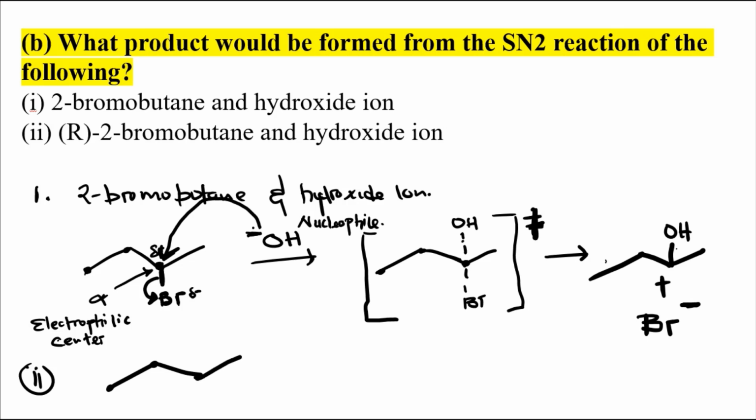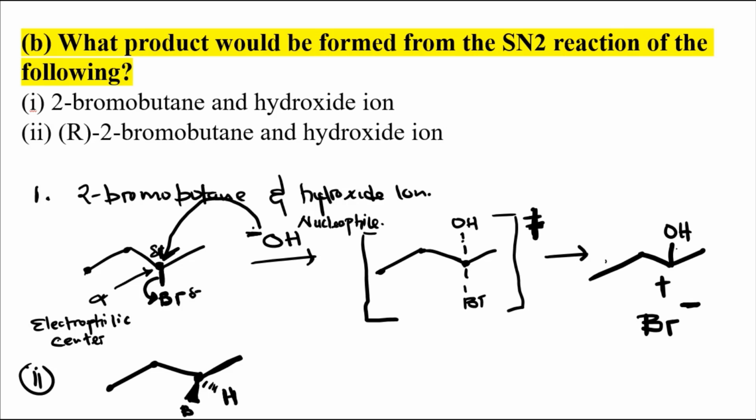R means that carbon number 2 here is our optical center, and at our optical center there's going to be a 3D orientation. They say that we have bromine on carbon number 2, so this bromine is going to be in front like that. And the one that is going to be behind is hydrogen.